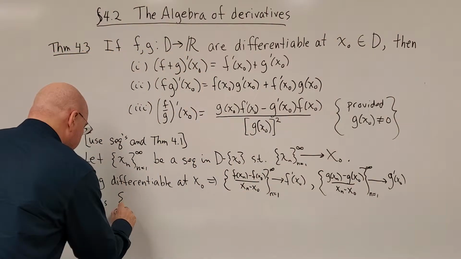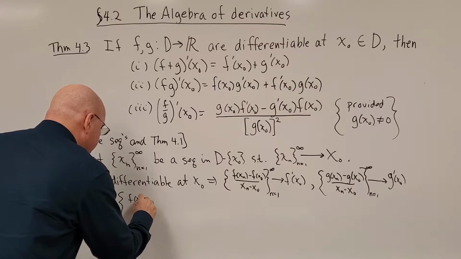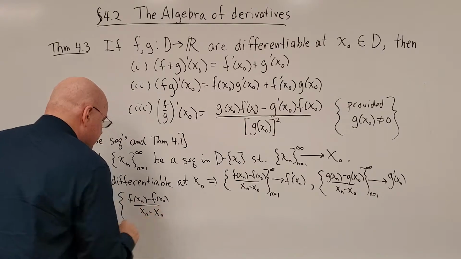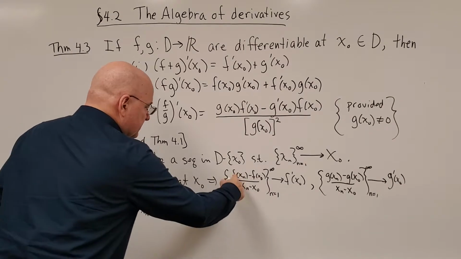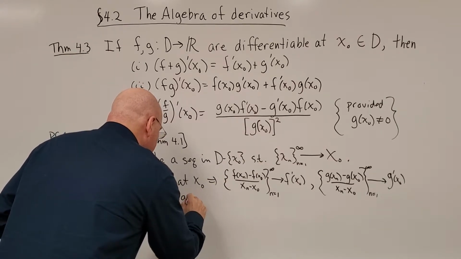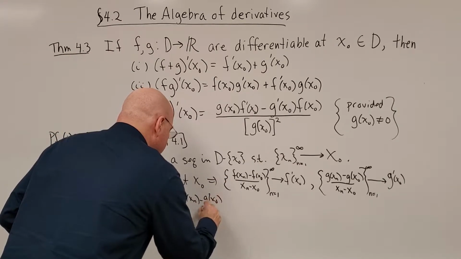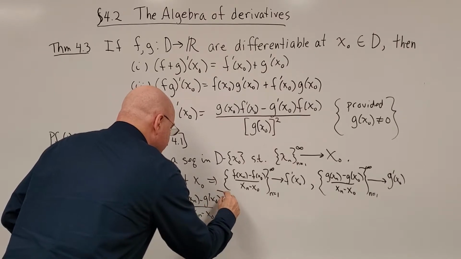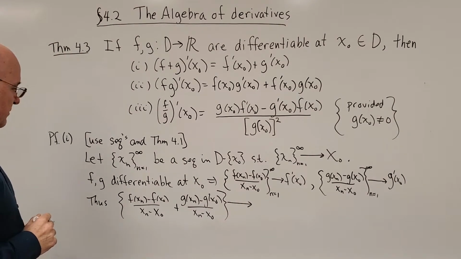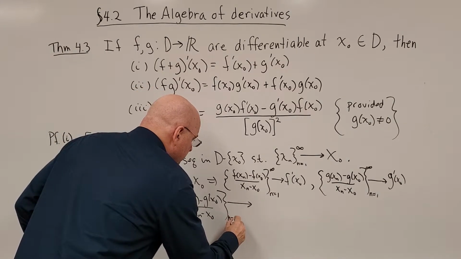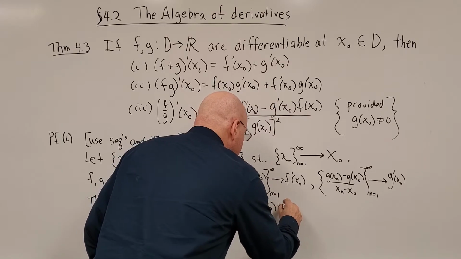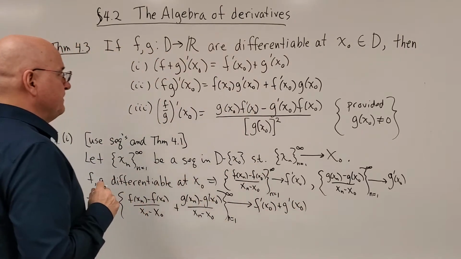So if I take f of xn minus f of x naught over xn minus x naught, just one term of this sequence, plus the term of that sequence, g of xn minus g of x naught over xn minus x naught, simply by properties of convergent sequences, we know that this new sequence, n equals 1 to infinity, goes to f prime of x naught plus g prime of x naught.